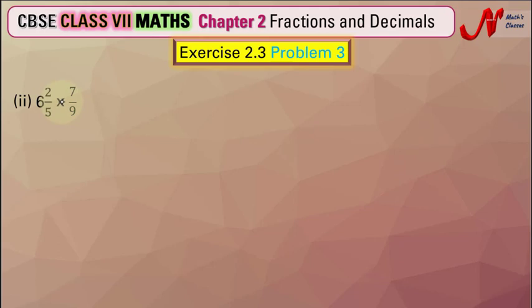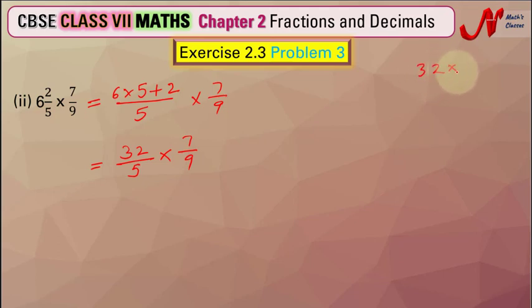Here given 6 2 by 5 into 7 by 9, which is equal to 6 into 5 plus 2 divided by 5 into 7 by 9, which is equal to 6 5s are 30 plus 2 is 32 by 5 into 7 by 9.